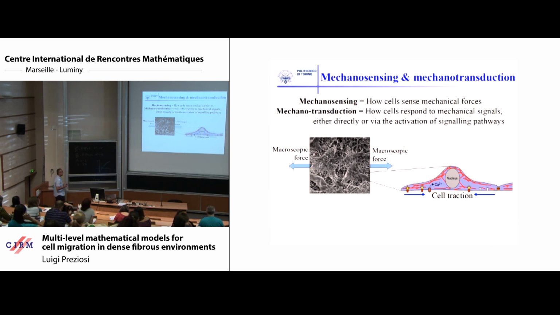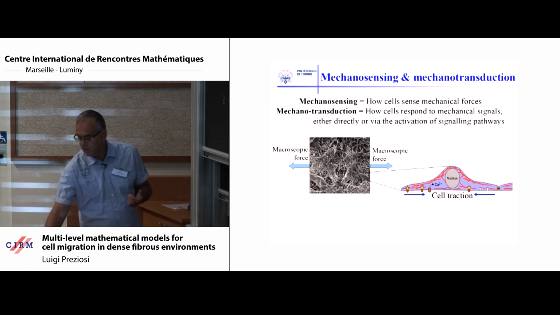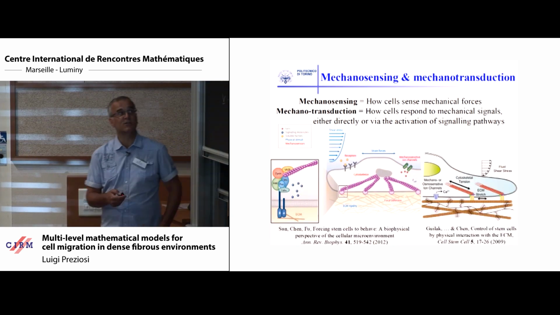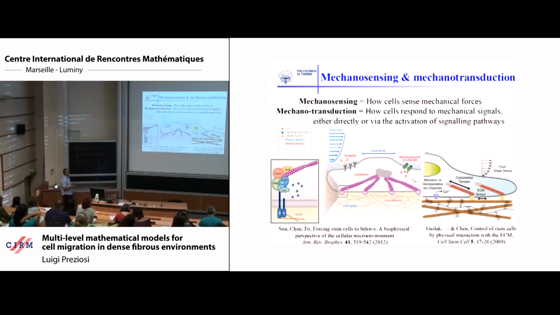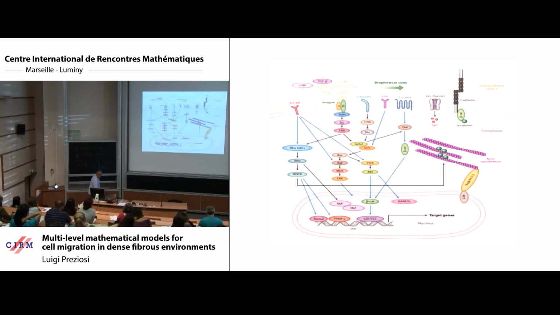Or other things. There is a protein called talin that is very nice, because under stress, you will see it here, talin. The extracellular matrix binds to the integrin, which binds to the talin.